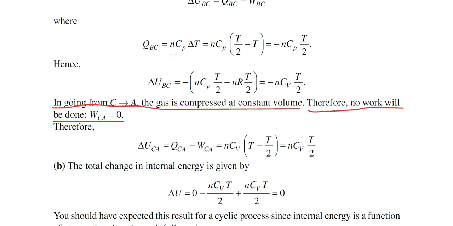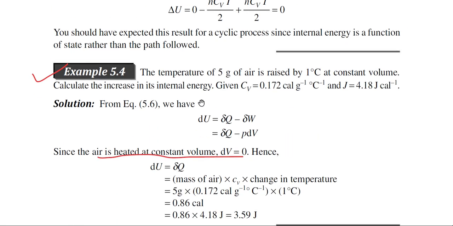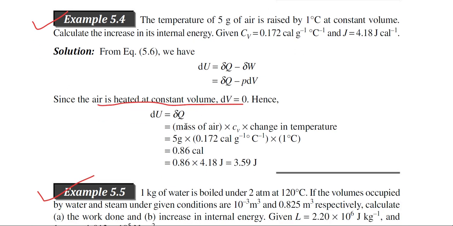Actually there are two different expressions of Q, one involving the mole number n and another involving the mass. The first expression is used when the unit of Cp is in moles. But if you use the unit of Cp in mass units, then the formula is delta Q equals mass into specific heat into change in temperature.